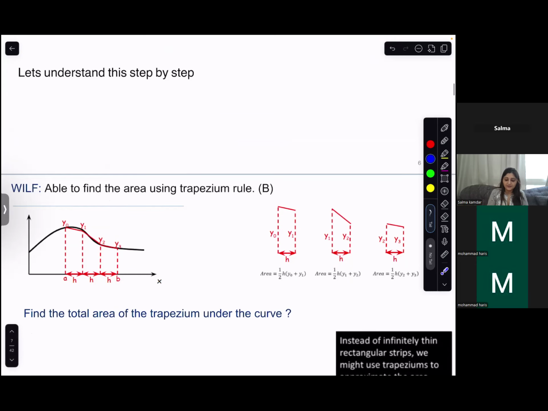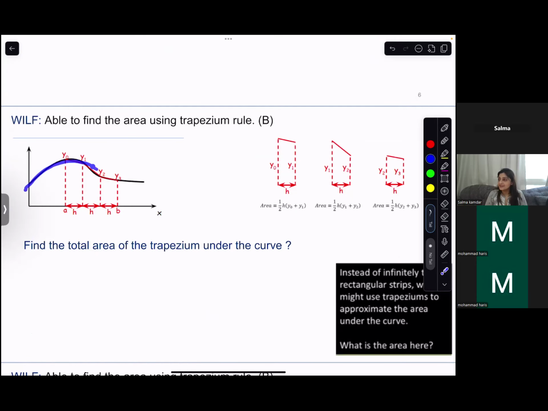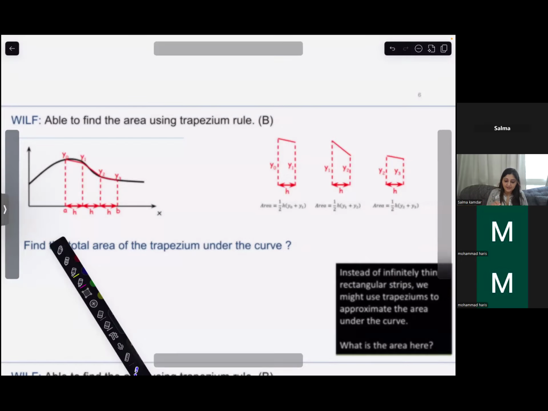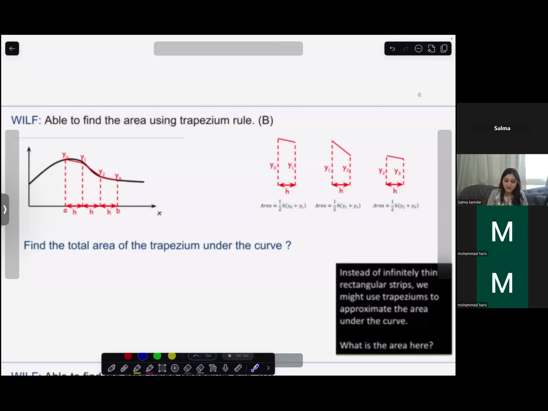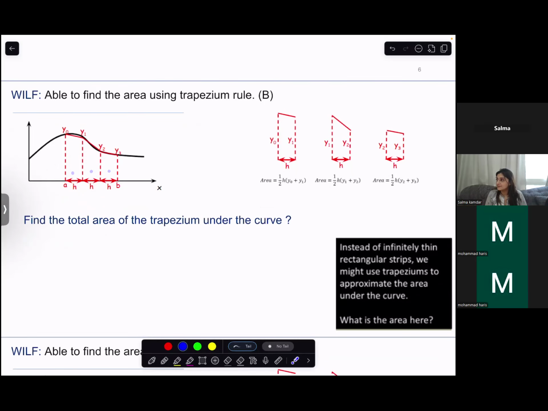I have this curve with me, and in this curve I have divided it into how many strips? Can you see that? Yes, three strips: one, two, and three. Each strip is a trapezium.